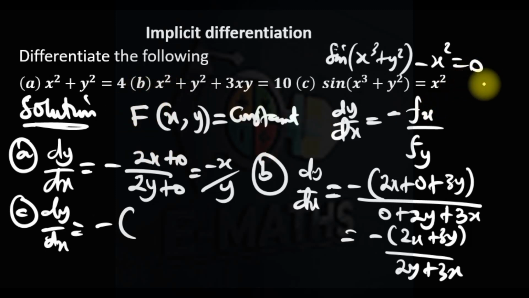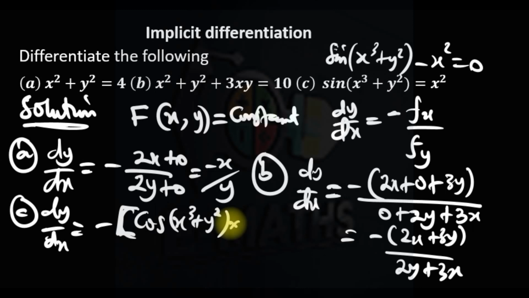So that's it, equals a constant. So we now start minus, if you differentiate sine, you have cos, so cos of (x cubed plus y squared) times the derivative of inside, as I'm applying power rule in chain rule. That's the shortcut to chain rule, so times the derivative of inside here.